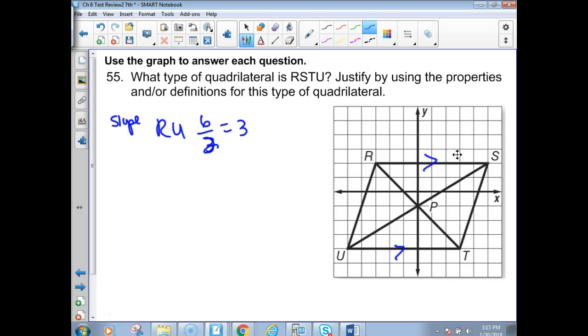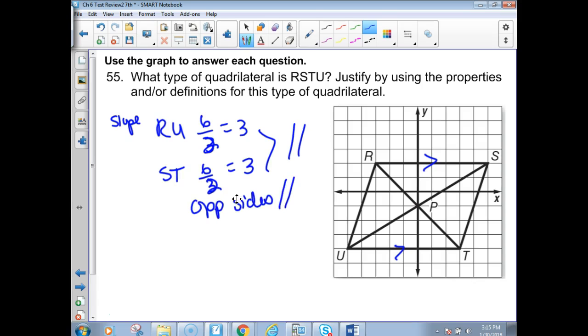And ST also has a slope of 6 over 2, and that's 3. So these are parallel. Okay, so opposite sides are parallel. Now, these slopes are not opposite reciprocals, so there are no right angles.